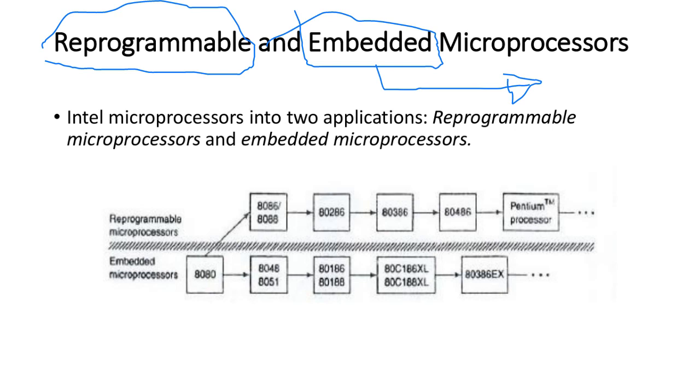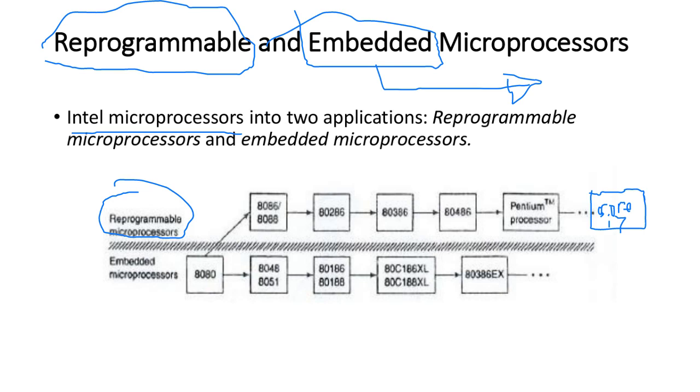So Intel microprocessors fall into two applications: one is called reprogrammable, one is called embedded. The reprogrammable microprocessor series is 8088, 8086, 80286, 80386, 486, Pentium, and now Core i7. These are all reprogrammable microprocessors, but some are for microcontroller purposes, like embedded microprocessors.